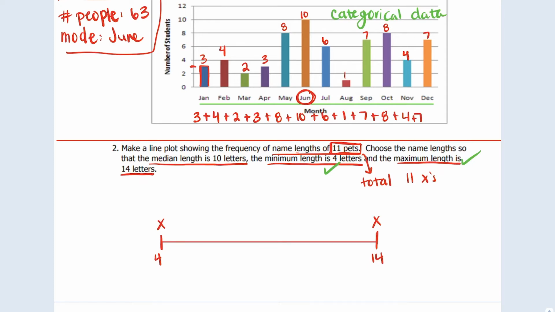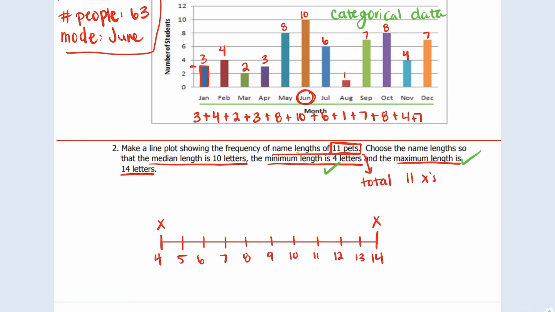So I'm going to go ahead and put the rest of my tick marks in here. So 4, 5, 6, 7, 8, 9, 10, 11, 12, 13. That's pretty good. I'm going to go ahead and label this 4, 5, 6, 7, 8, 9, 10, 11, 12, and 13. Okay.